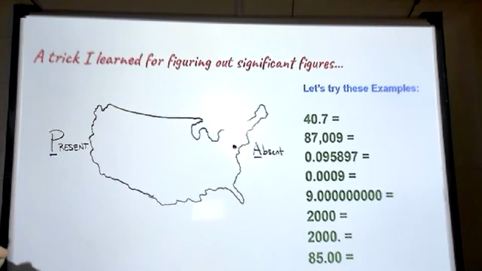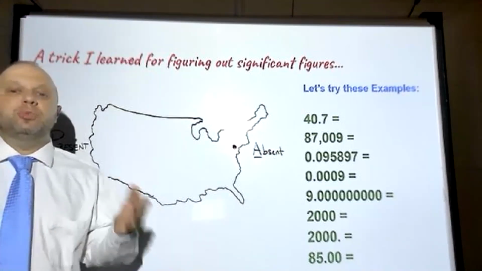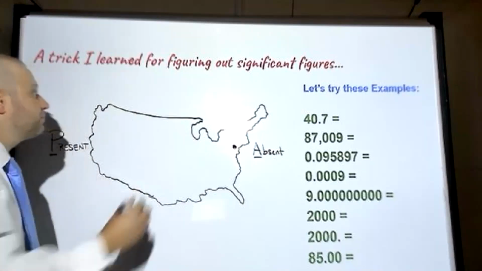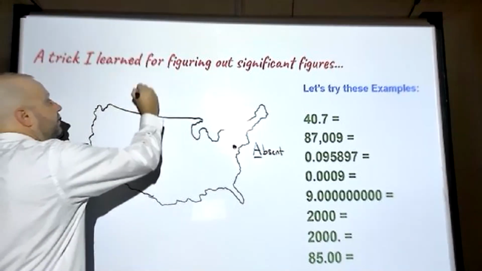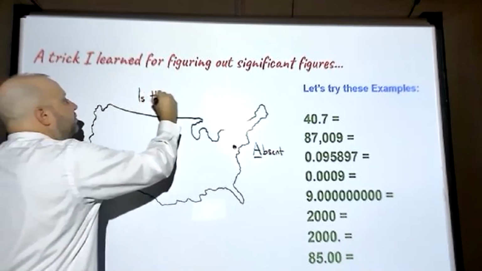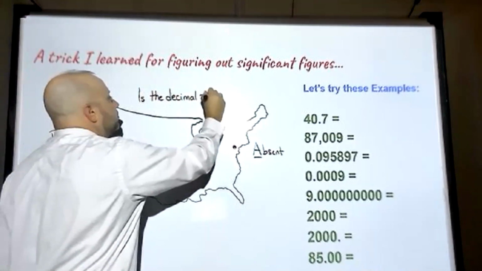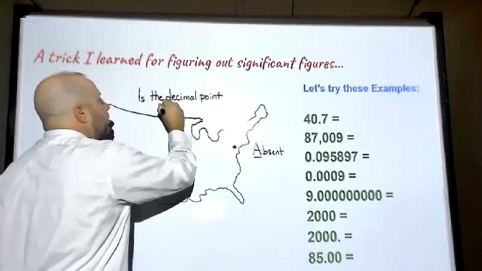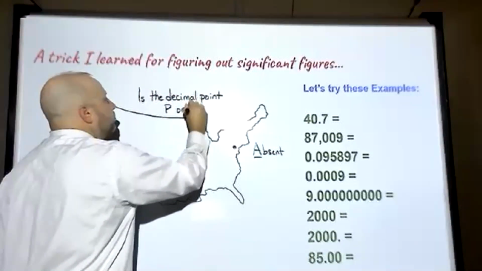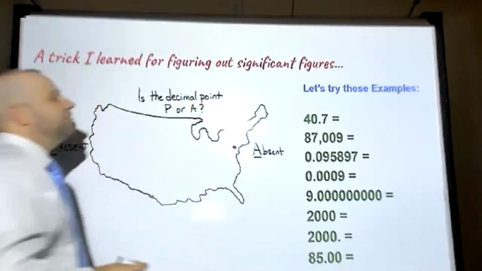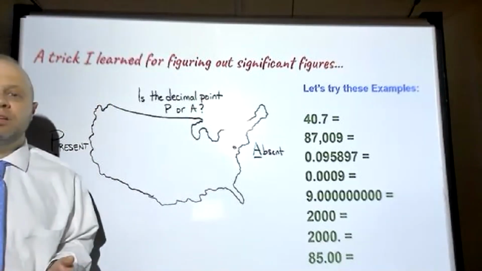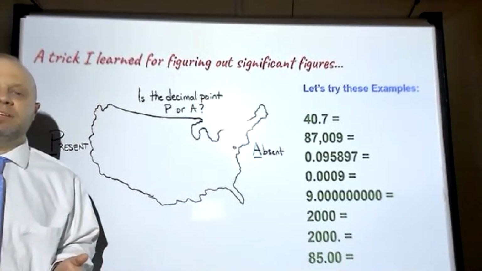In each of our examples, we're going to ask ourselves a question. Is the decimal point present or is it absent?